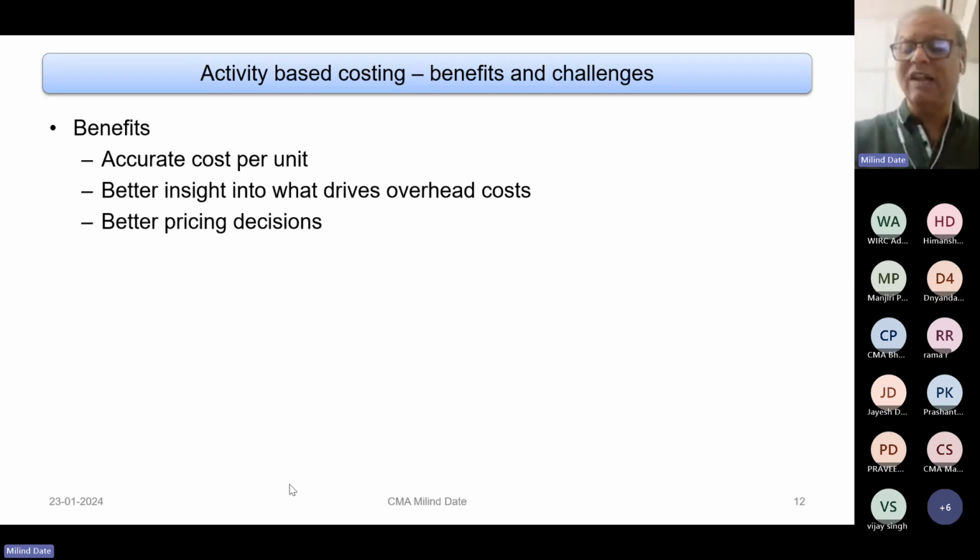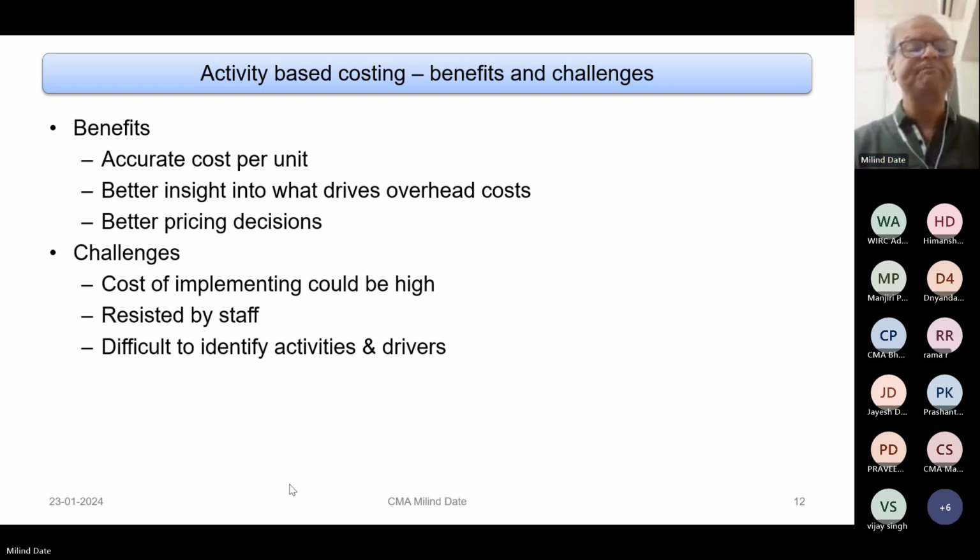If you find that certain activities are not adding much value to you, you may just automate them or remove them or re-engineer them. This is where a lot of new techniques can be used together with ABC. Pricing definitely improves based on this.